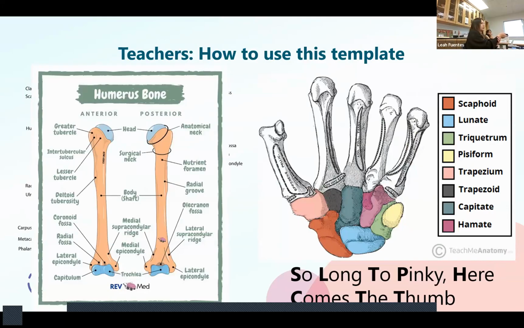The trochlea is right here in the middle, but the lateral epicondyle is this part on the side. Condyles, like capitulum and trochlea, are those also considered condyles? Yeah, they are because they're attachment points. The trochlea is going to be the middle portion, and on the posterior, the capitulum is going to be on the anterior. But yeah, you are right. They are epicondyles or condyles.